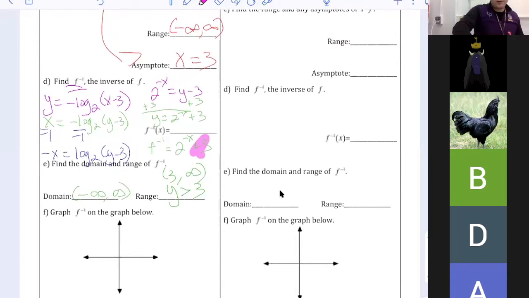So I'll write this down so I don't have to keep going back and forth. y is equal to 2 to the negative x plus 3, and y is equal to negative log base 2 of x minus 3.